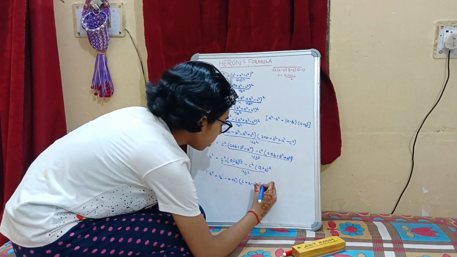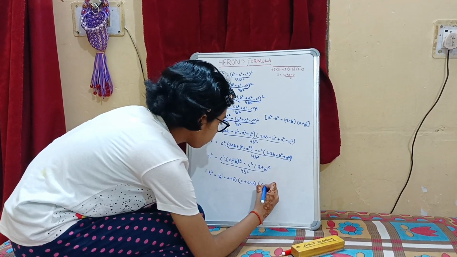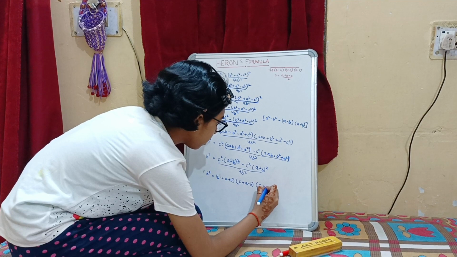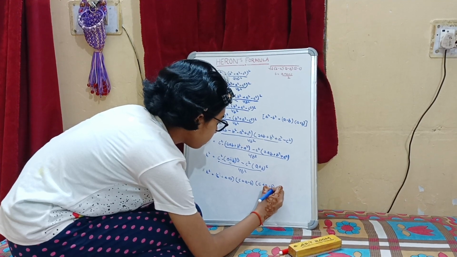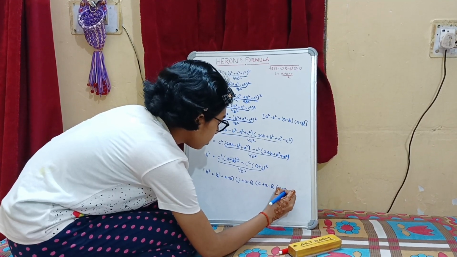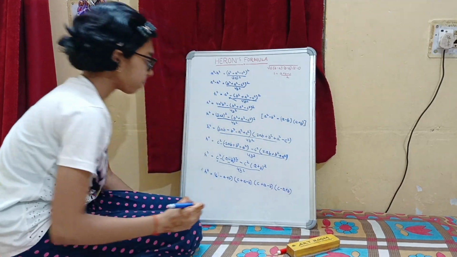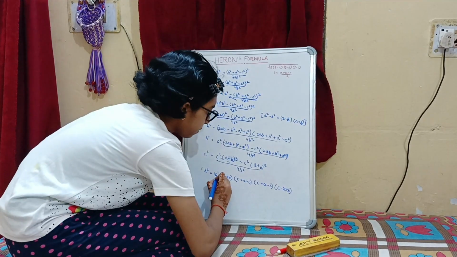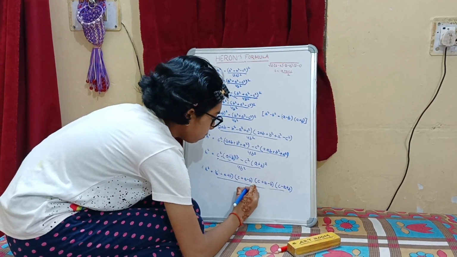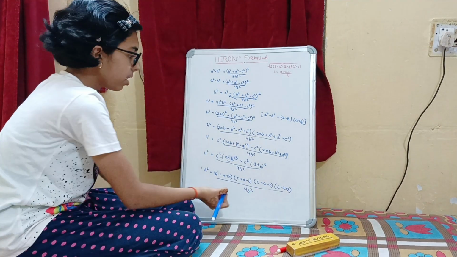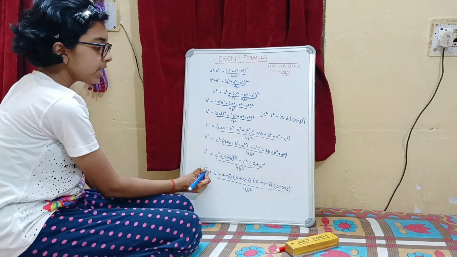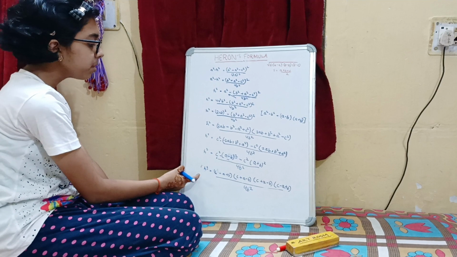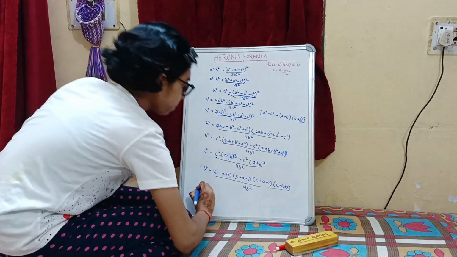Now (c plus a minus b)(c minus a plus b), whole divided by 4b square. Now as we can see there is a square in h, so we will put an under root there.